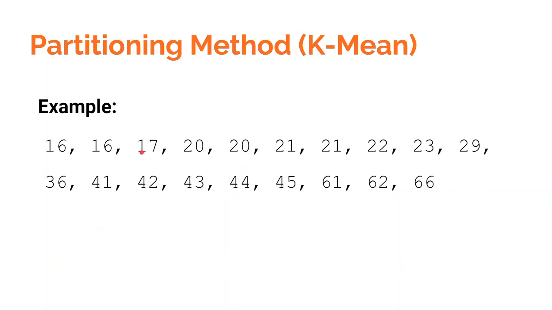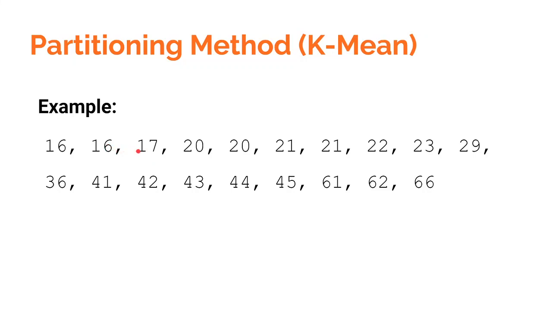Then the next value, that is 17, is again nearest to the 16. So how can I determine whether this value is near to the 16 or near to the 22? Simply, I am supposed to obtain the difference of the 2 data points. To obtain the difference of 17 and 16, I simply need to subtract 16 from 17. So what is the answer of 17 minus 16?